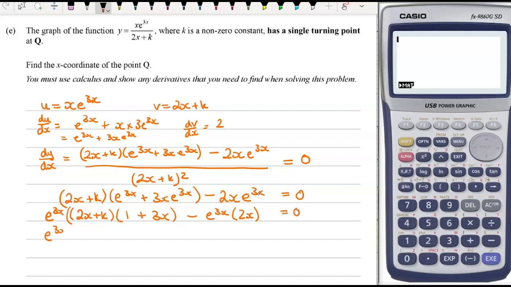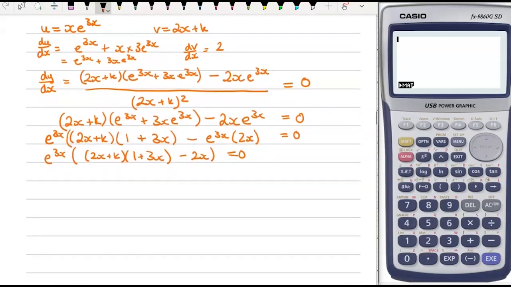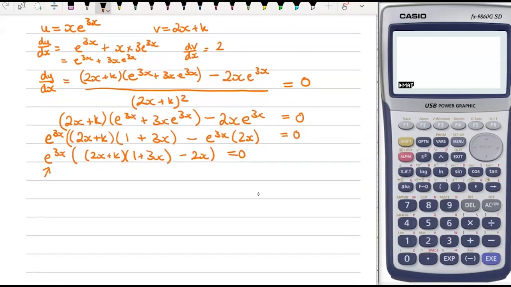So this is e to the 3x of 2x plus k, 1 plus 3x minus 2x equals 0. We do that because this can't be equal to 0. So then we're left with 2x plus k, 1 plus 3x minus 2x must be equal to 0.